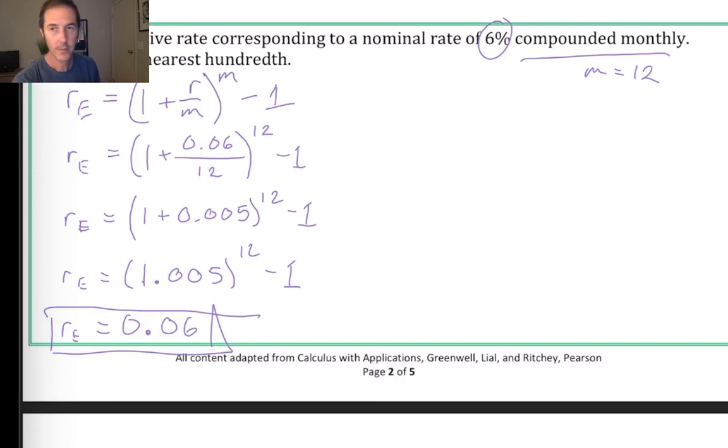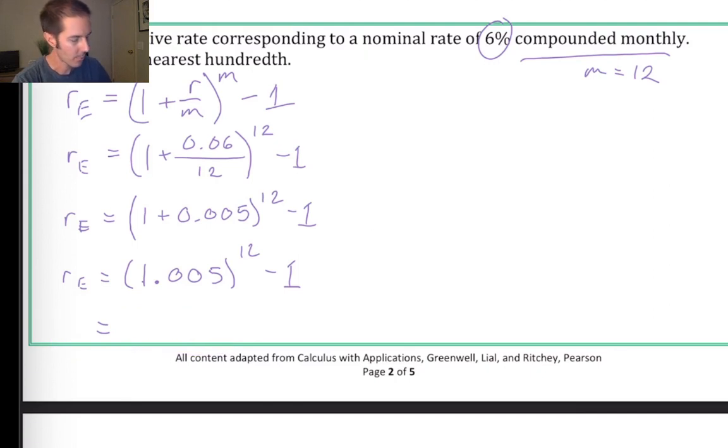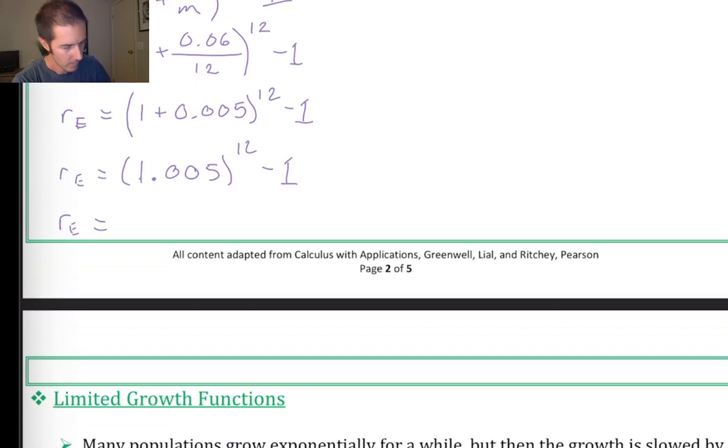Interesting. So this is 6% as a decimal. If we wanted to give this answer as a percentage, maybe we should take this decimal. I'm going to write it as 0.061677.